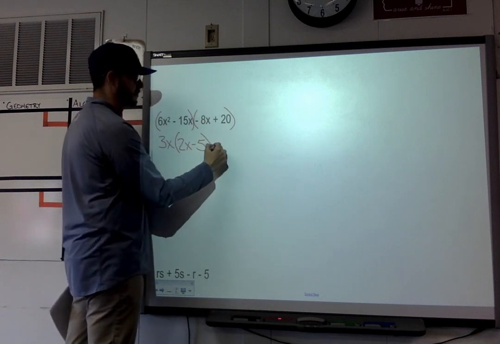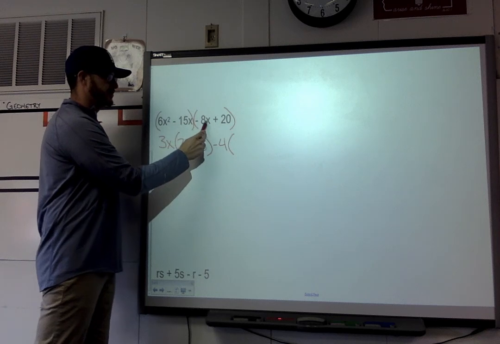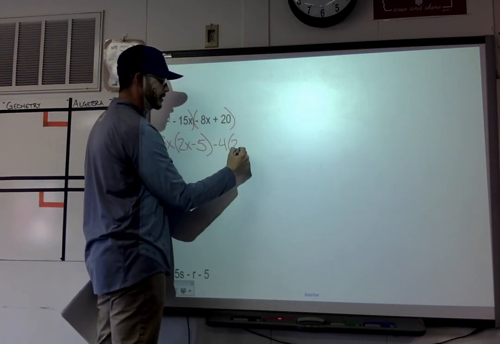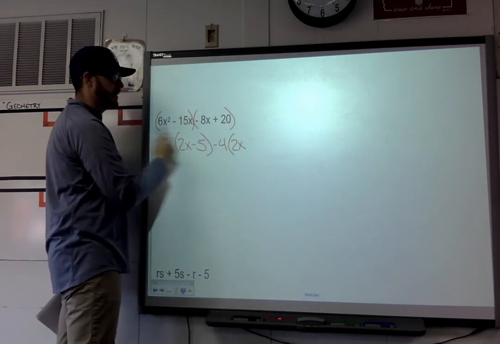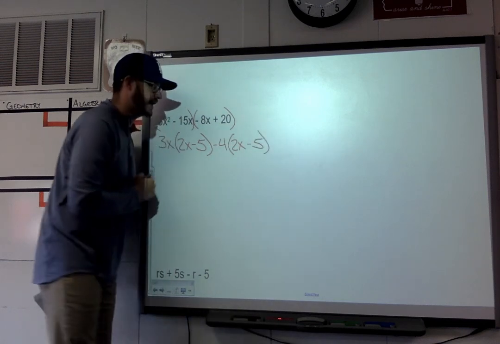So here we're going to pull out a negative 4. When you divide negative 8x by negative 4, you're left with 2x. When you divide 20 by negative 4, you're going to be left with negative 5.